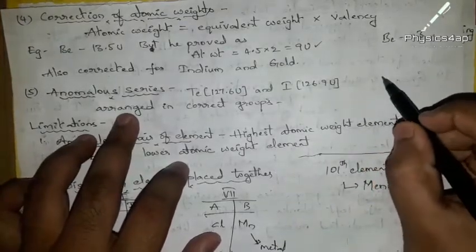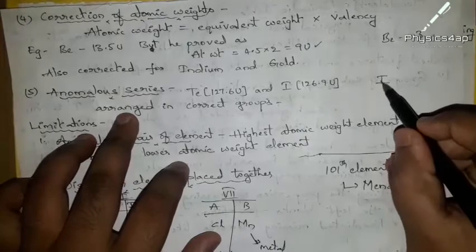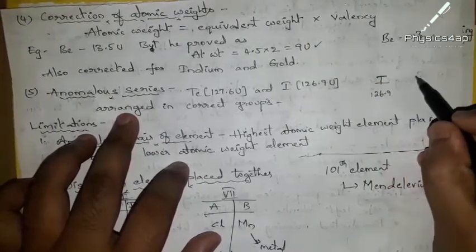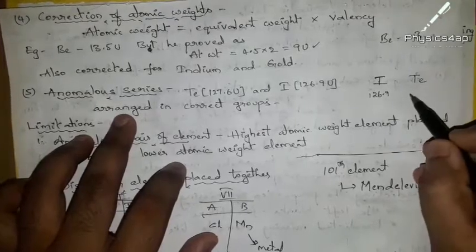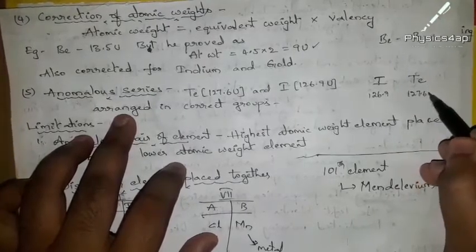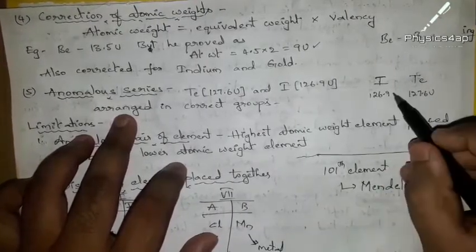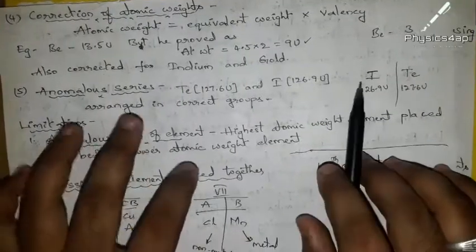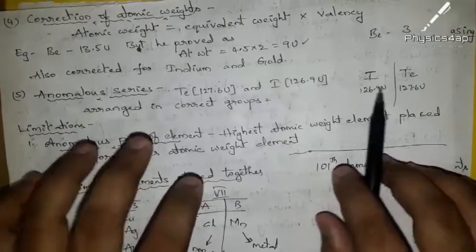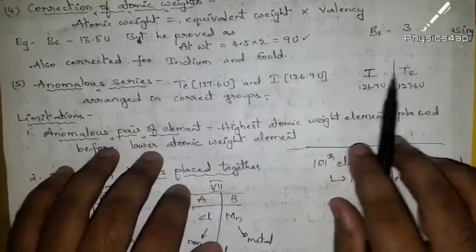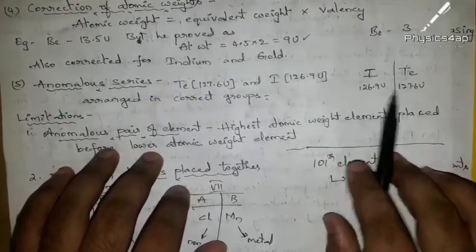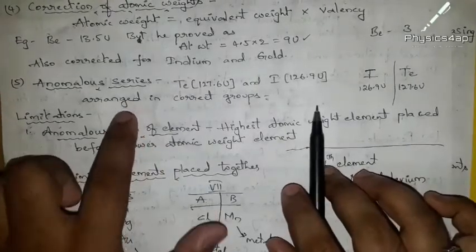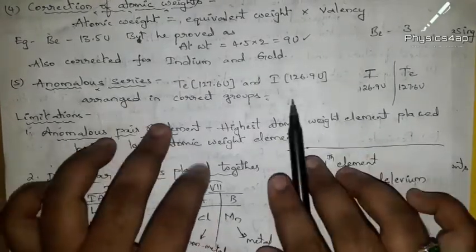So first we should get iodine, which is 126.9, and then tellurium, which is 127.6. This is the correct way according to the periodic table, in increasing order of their atomic weights. But Mendeleev corrected the groups.